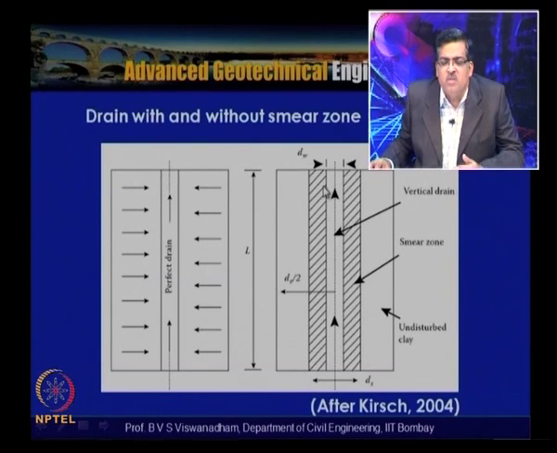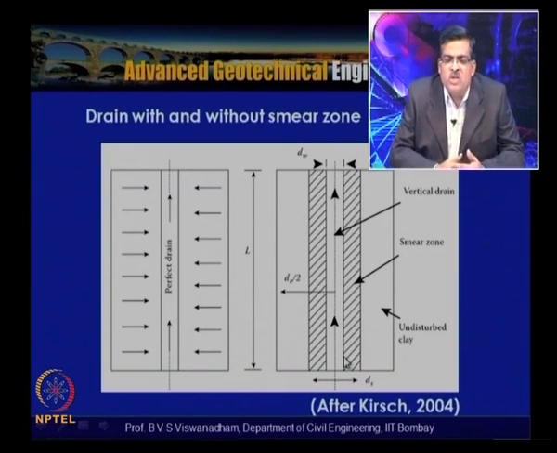smear effect because of the disturbance caused by the anchor plate or the mandrel which is pushed along with the drain in the installation process, as has been shown before, it can cause the smear, and this smear zone is referred to here as the disturbed soil. A lot of work is happening to define the smeared zone, as was discussed in the previous lecture.